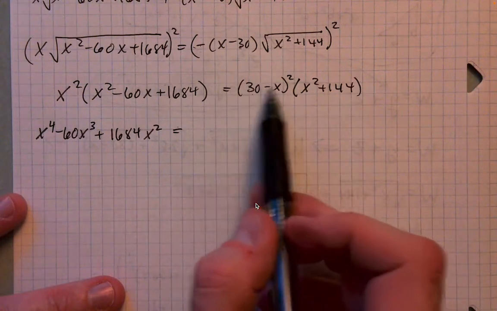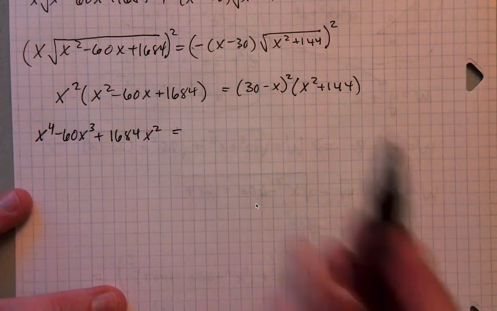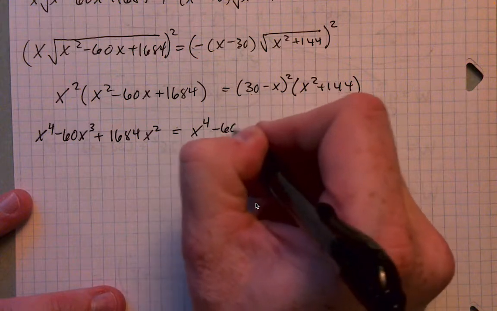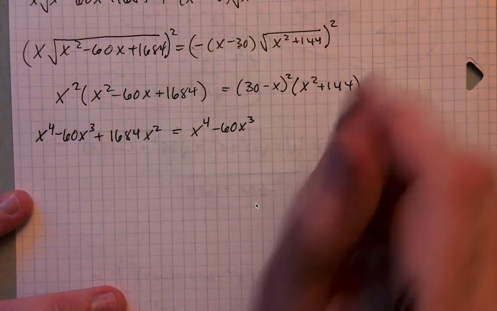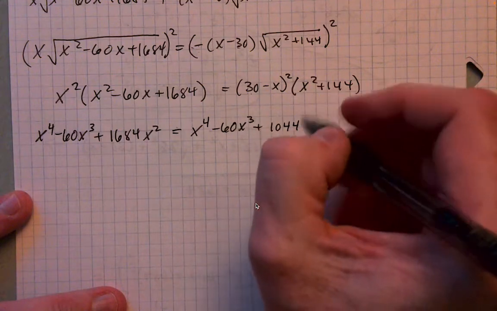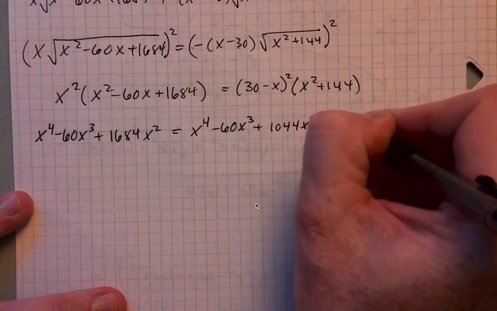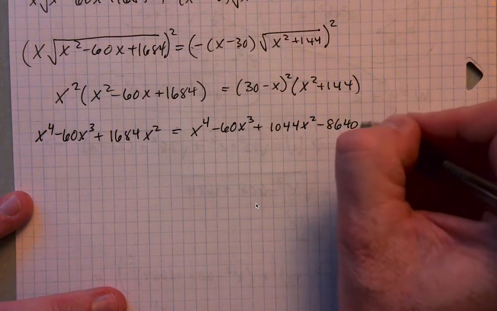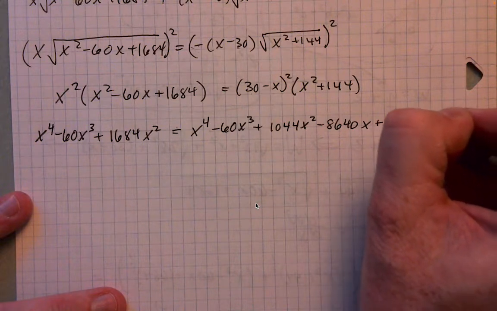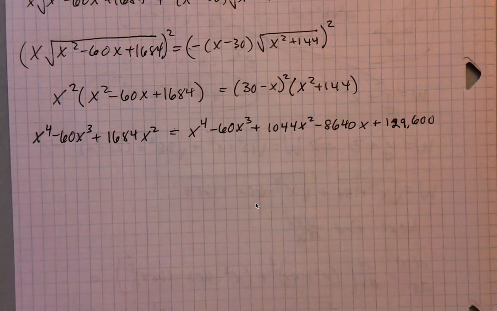So first you got to square this term, and then you'd have to distribute everything and FOIL everything out. But what you're going to end up with on this side is x to the fourth minus 60x cubed plus, and here's where it gets kind of messy, 1044 x squared minus 8640 x plus 129,600. So you've got these big constants here.